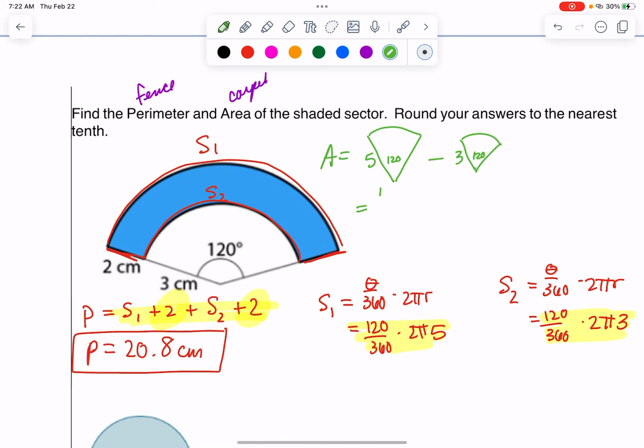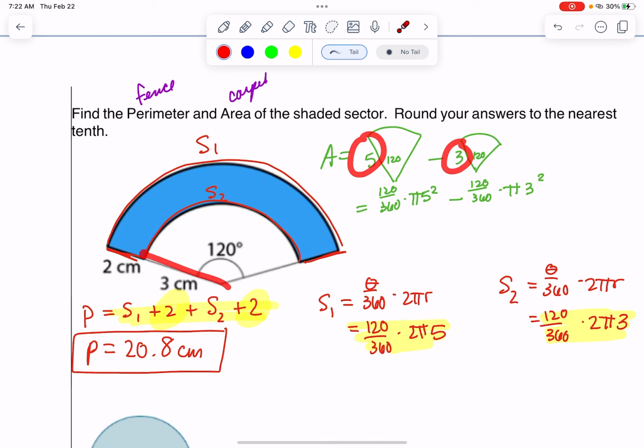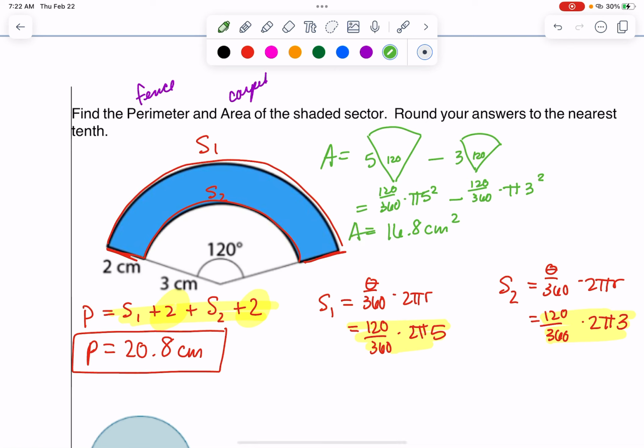So this is 120 over 360 times pi 5 squared minus 120 over 360 times pi 3 squared. Remember, our radius is changed because we're talking about the whole thing versus just a piece. And so when we put that all in the calculator, and again, I do it all at once, that equals 16.8 centimeters squared.